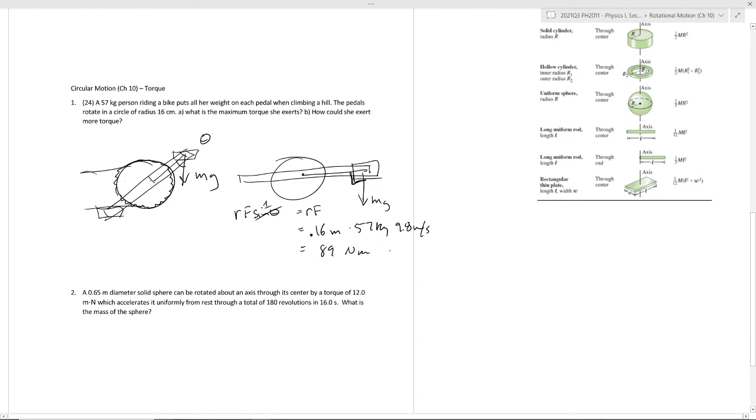If it helps, you could write this as meter-newtons to emphasize that it's a length times a force, a force at a length, to help us distinguish these. So that would be the maximum torque. The second part of the question is asking us, qualitatively, how could we increase the torque? Well, there's a number of things you could do.